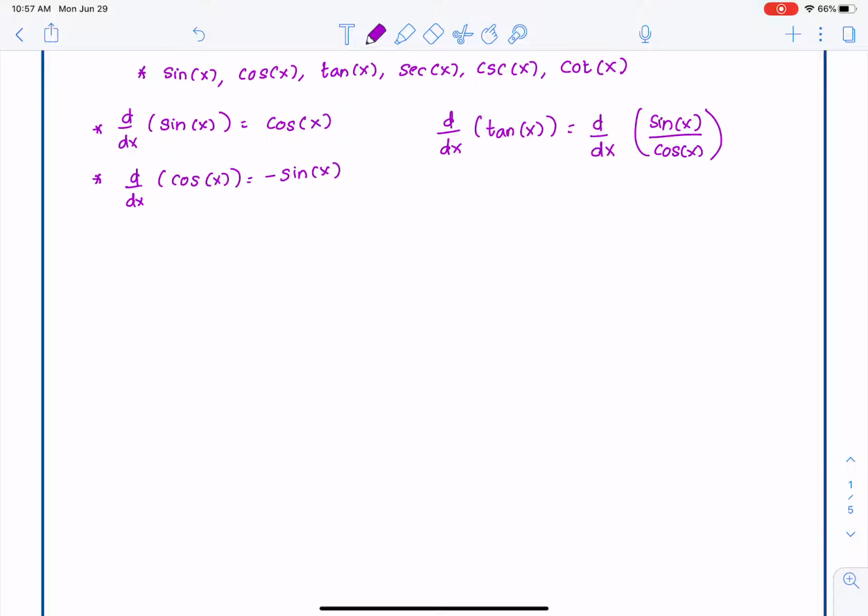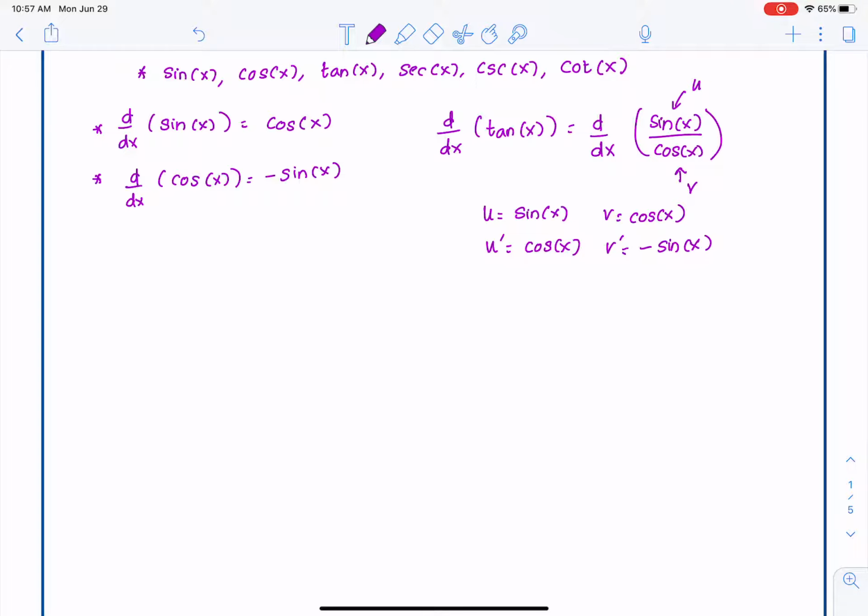Now that is one function divided by another function, so we could use quotient rule. u is sine x, v is cosine x, u prime is cosine x because the derivative of sine x is cosine x. v prime is negative sine x because the derivative of cosine x is negative sine x.